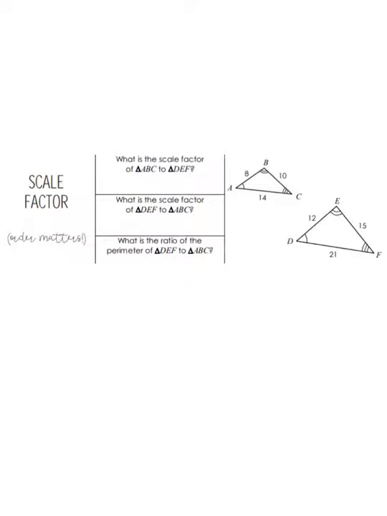Alright, so this example says, what is the scale factor, which is the ratio of ABC to DEF? So triangle ABC is the small triangle. DEF is the big triangle. If we're trying to go from ABC to DEF, we're going small to big.